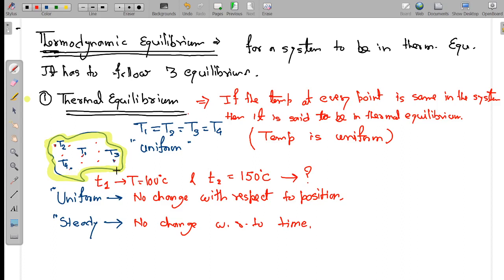So at time t1 the temperature of the system is 100 degrees Celsius, and at time t2 the temperature of the whole system is 150 degrees Celsius. So whether it will be in thermal equilibrium or not, it will be in thermal equilibrium.